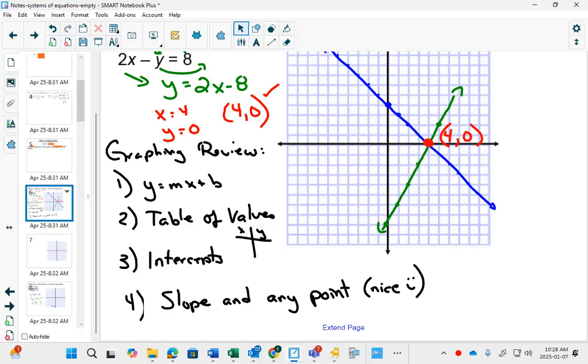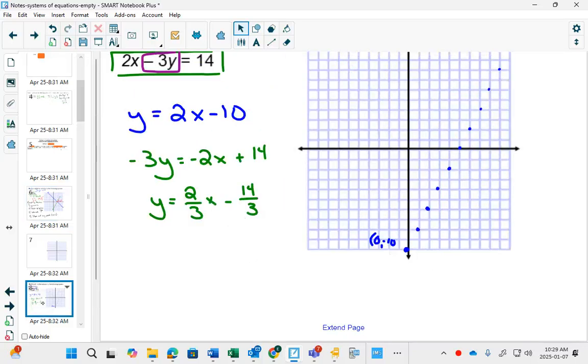Because y equals mx plus b is a slope and a specific point, your y-intercept. But I would much rather have a nicer point with my slope rather than my ugly point, which was my slope-intercept. So let's go back here.